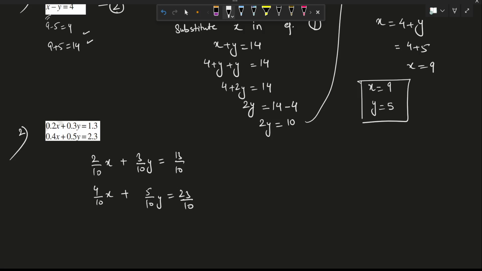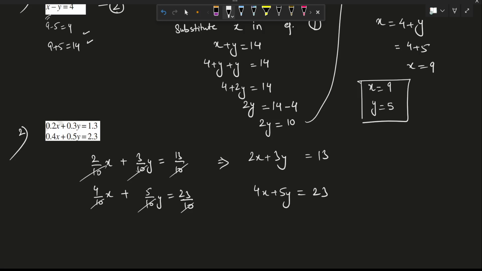So this 10 is in the denominator of all the terms, we can cancel it out. So the equations are 2x plus 3y is equal to 13. Second equation 4x plus 5y is equal to 23.